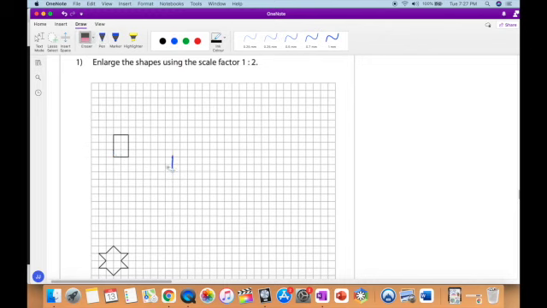So for example, if this shape has 3 centimeters on the side, the scale factor is 1 to 2, so I'll multiply by 2, and 3 twos are 6. So I will have 1, 2, 3, 4, 5, 6 centimeters on this side here. We can see I have 2 centimeters on this side, so 2 times the scale factor means that I'll have 4 centimeters on this side here. And this is what the enlarged shape would look like, right?